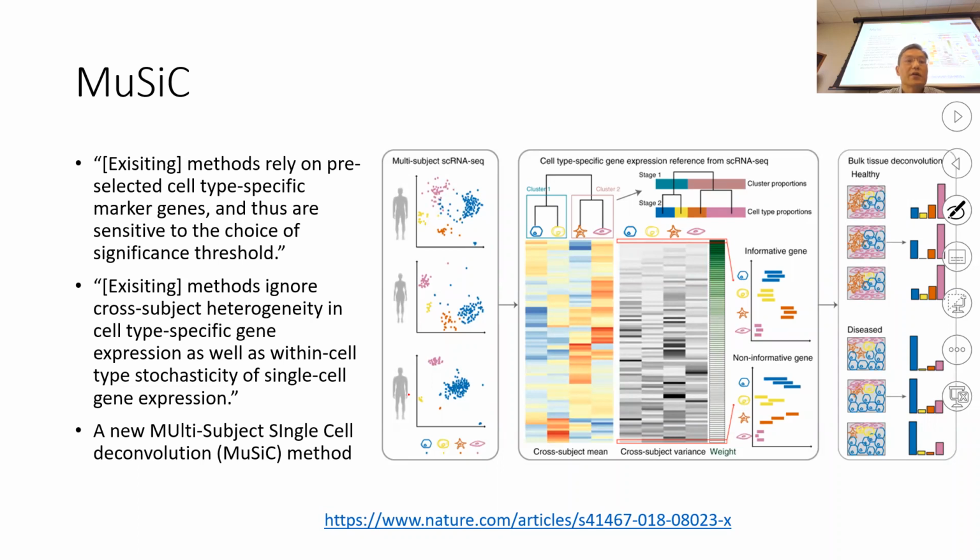Then there's a new method called MuSiC, and they say it improves on the previous existing methods. It is not based on pre-selected cell types, it will learn from the data itself, and the previous methods also ignore cross-subject heterogeneity. You just assume everybody shares the common proportion of those combinations of cell types. But this method becomes more specific: it learns the marker genes and also takes into account multiple samples and their heterogeneity.